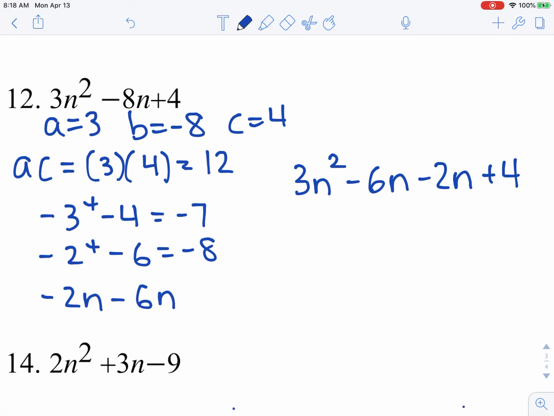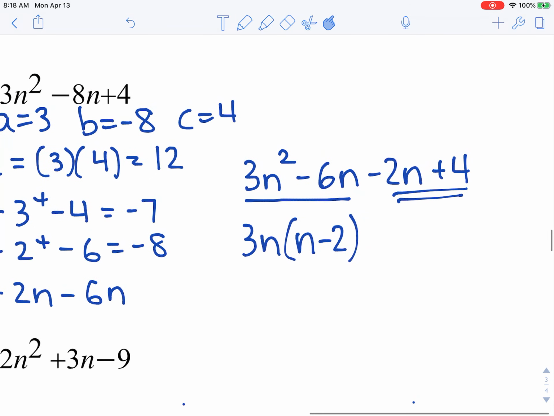Now I can group. I factor out a 3n here. Let me make sure I do this right. But I take notice, I'm not going to get an n minus 2 unless, because this middle term is a minus, I need to factor out a -2.